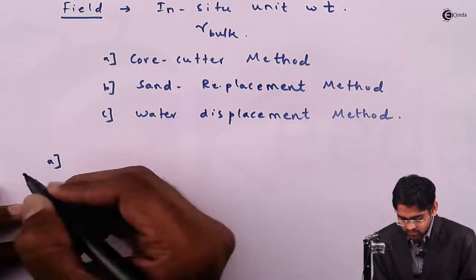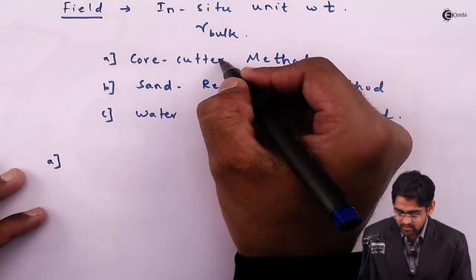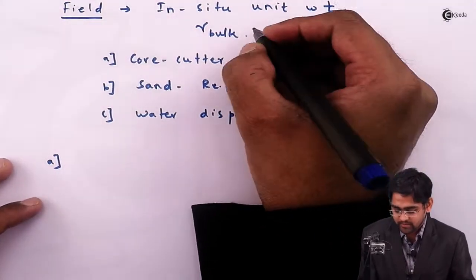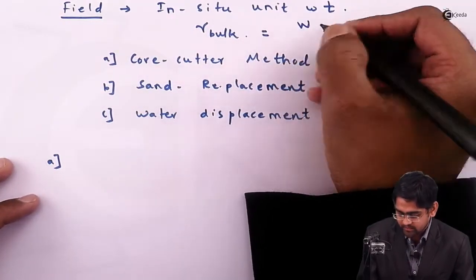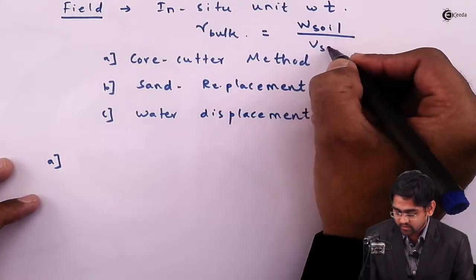These three methods are relatively easy and probably don't require much long explanation. The in situ unit weight, that means gamma bulk, is nothing but the weight of the soil, that means the total weight, divided by the volume of the soil.